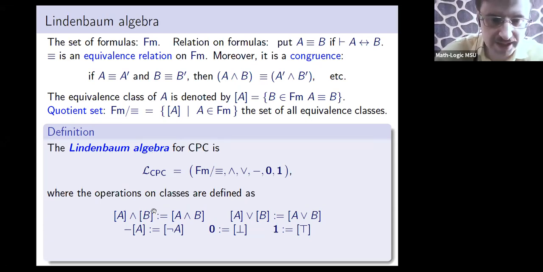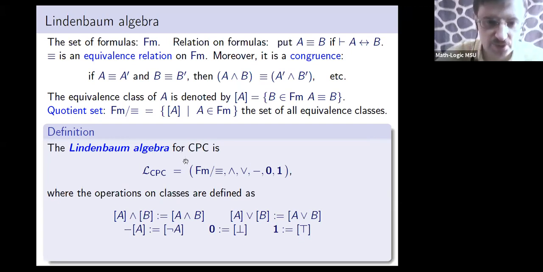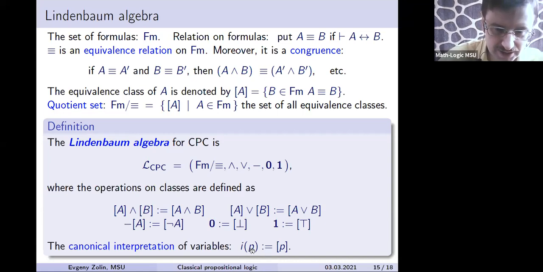So this is the algebra. We also need, so I promised to build also the one special evaluation of variables. Here's the special evaluation. So if we have a variable P, then we assign to it this class.